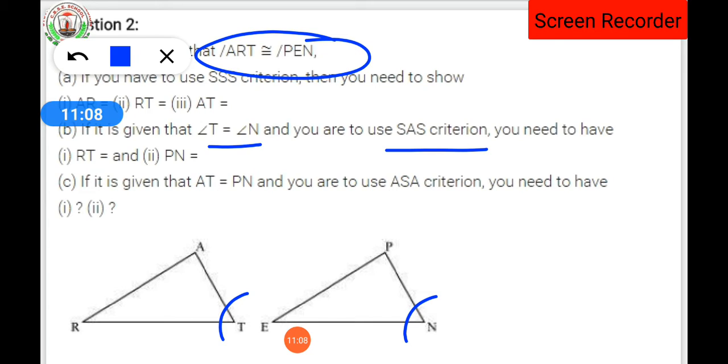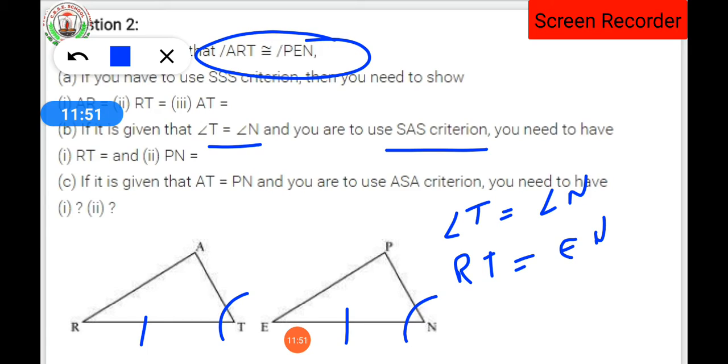That means by SAS congruence criteria, triangle ART is congruent to triangle PEN, where the angle value is given that angle T of the first triangle will be equal to angle N of the second triangle. So we have to tell the two sides. Okay, so what are the two sides? Suppose it is given in the question that angle T is equal to angle N. Then second, RT is this side, so RT will be equal to EN.